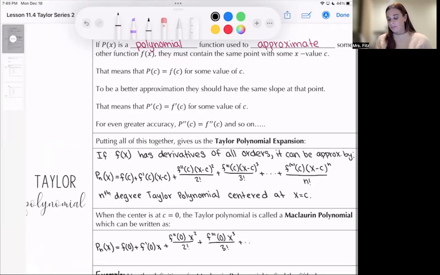And you get the point. Plus the nth derivative of f evaluated at 0 times x to the n over n factorial.